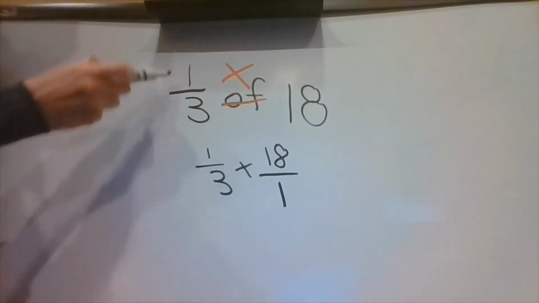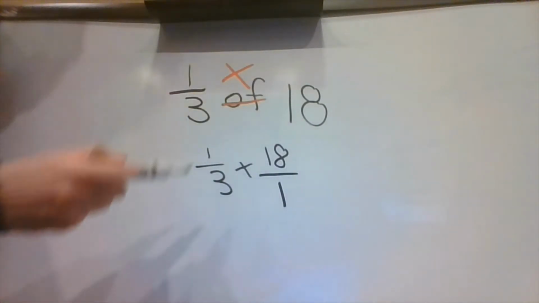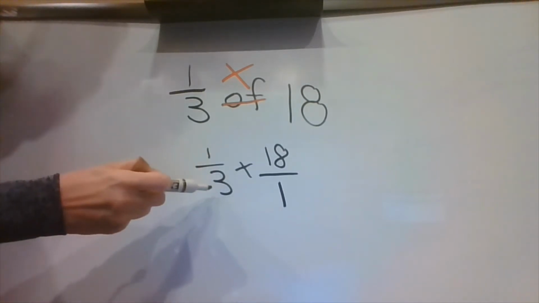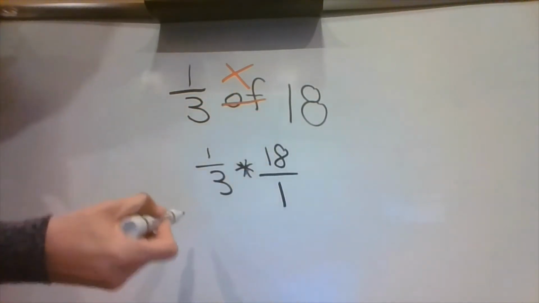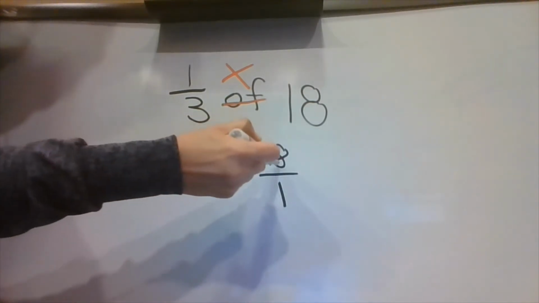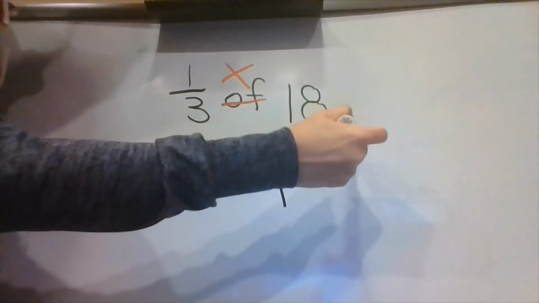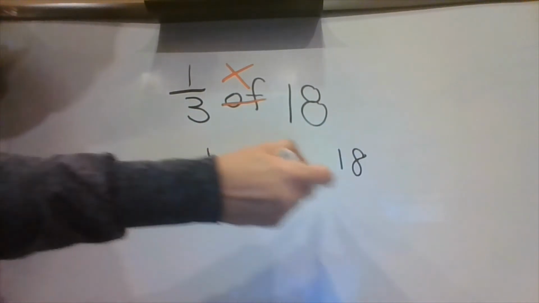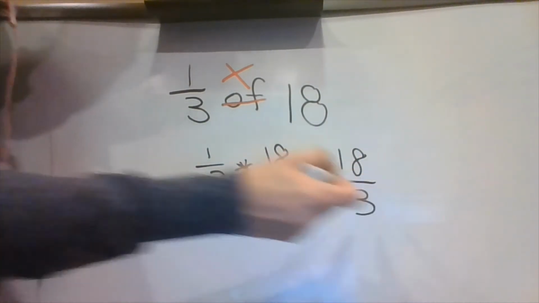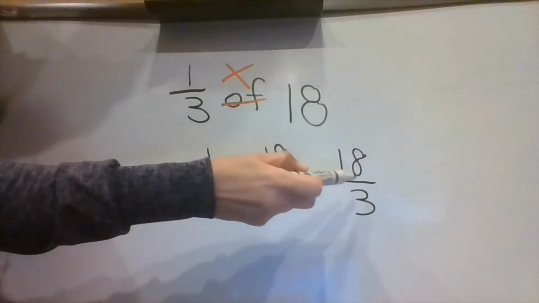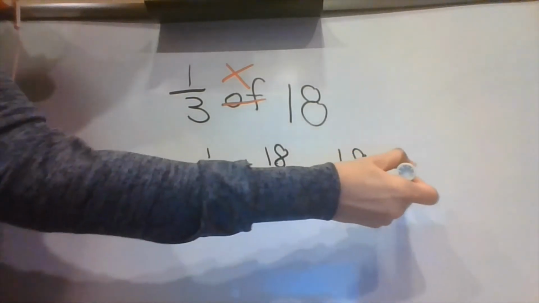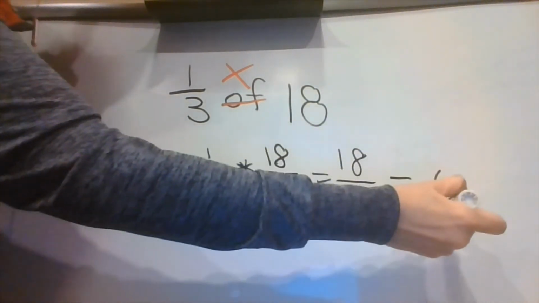So 1/3 times 18 is the same thing as 1/3 times 18 over 1. 1 times 18 is 18, and 3 times 1 equals 3. And we know that every fraction is a division problem, so this is 18 divided by 3, which we know is 6.